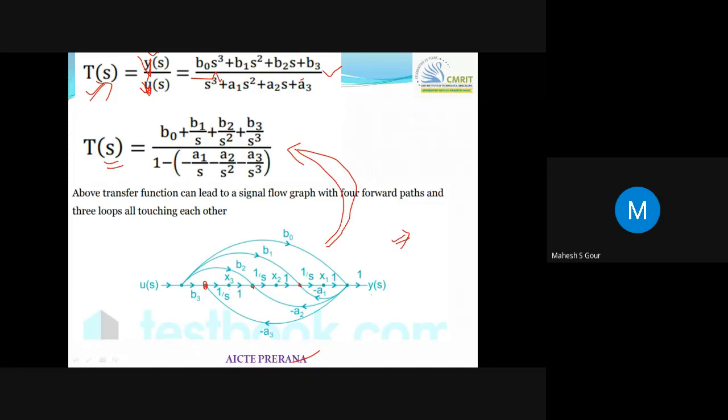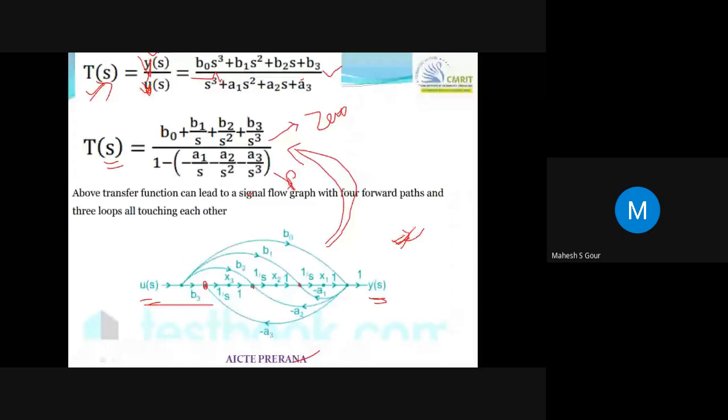So now, this is your transfer function. Y of s is your output, U of s is your input, right? Now you need to solve this signal flow graph. Whatever is in the numerator, these are your zeros, and these are your poles.